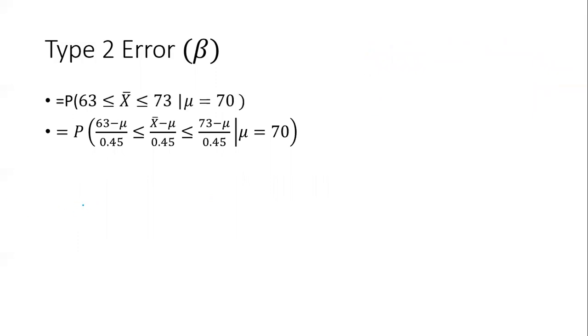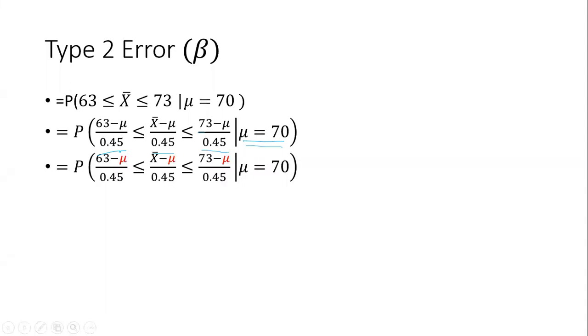So 63 minus mu divided by the standard deviation of x bar, and 73 minus mu divided by the standard deviation of x bar. Here we have x bar minus mu divided by 0.45, given that the factory is now producing with a different mu, which is 70.